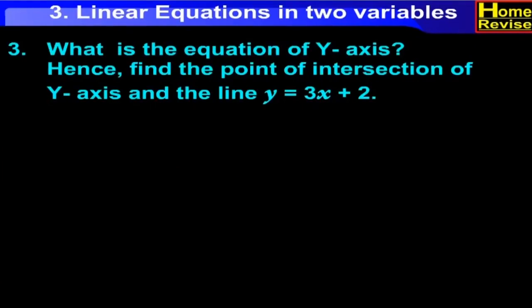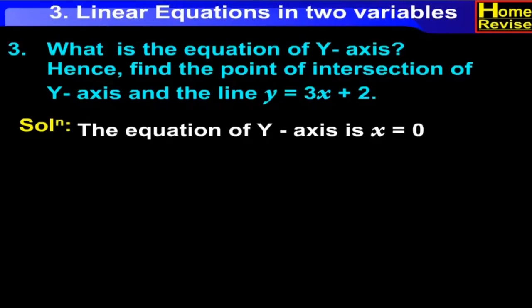What is the equation of y-axis? Hence, find the point of intersection of y-axis and the line y is equal to 3x plus 2. The equation of y-axis is x is equal to 0.